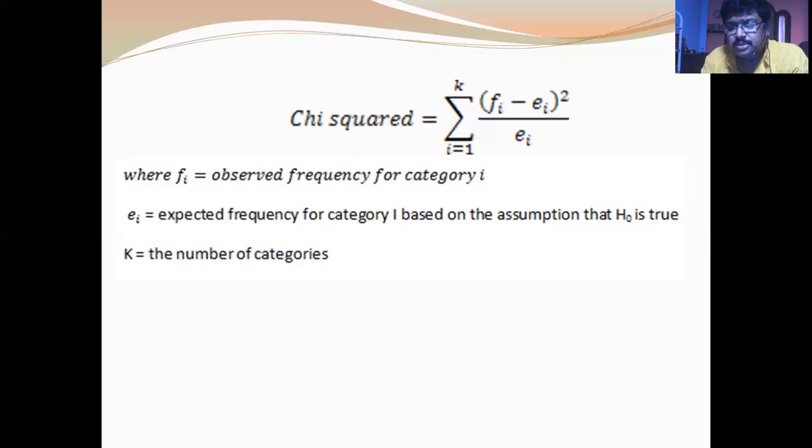So 50%, 30%, and 20%. This percentage, that is the 50, 30, and 20, is the observed.